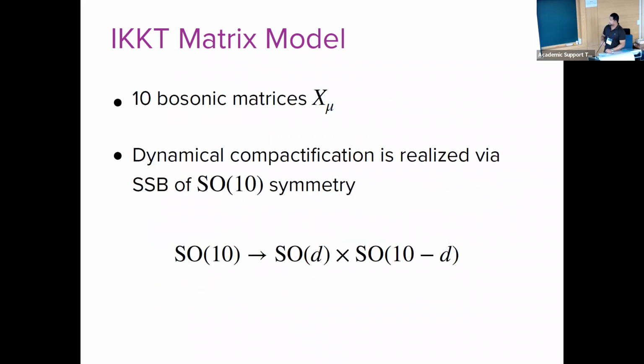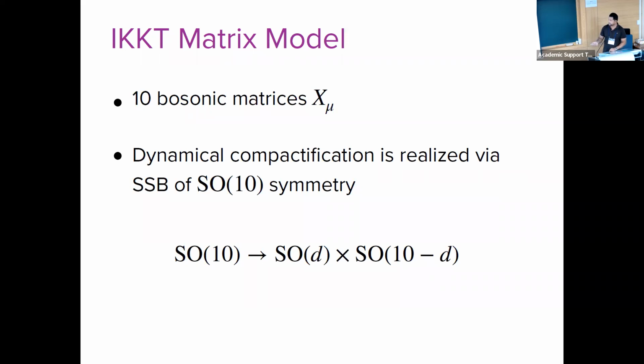So this model has 10 bosonic matrices X mu. It has SO(10) Lorentz symmetry, and the question is how certain directions can be compactified and certain directions large. It can be realized dynamically, or non-perturbatively, as the breaking of this SO(10) Lorentz symmetry.